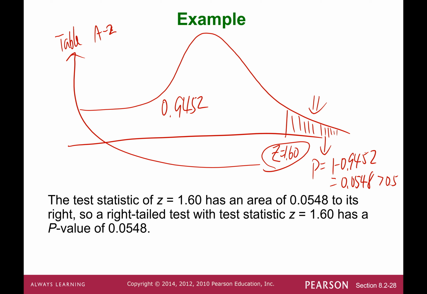That means it's more likely this is a usual event, so it's bound to happen. So we fail to reject H0. The conclusion here is fail to reject H0.